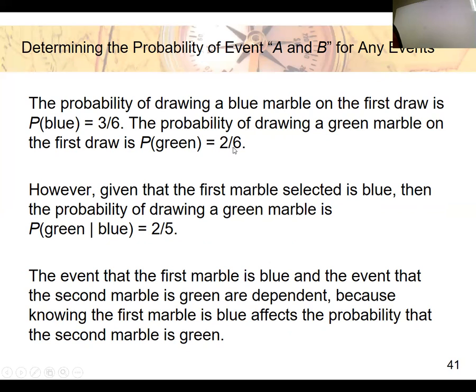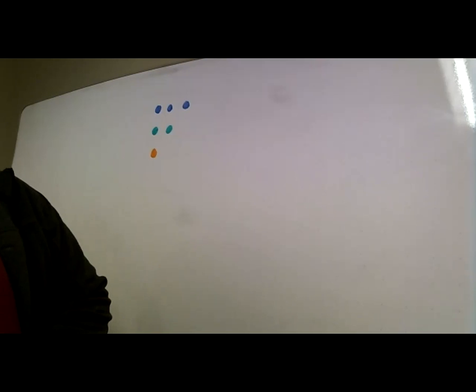I can show this on the board here. There were 3 blue marbles and 2 green. I think there was a yellow marble in there, but since I don't have a yellow marble, I just use orange in this illustration.